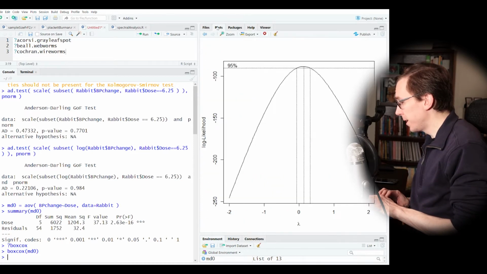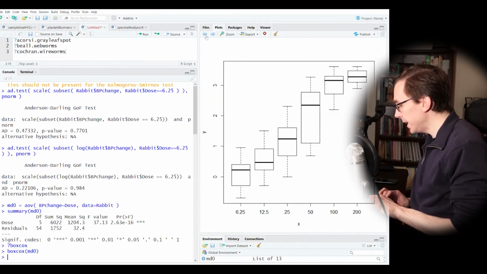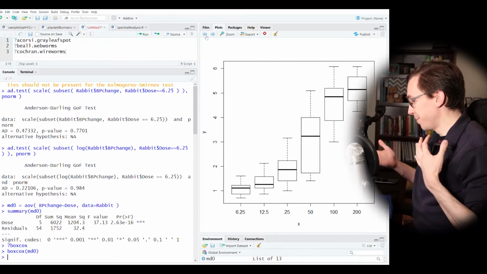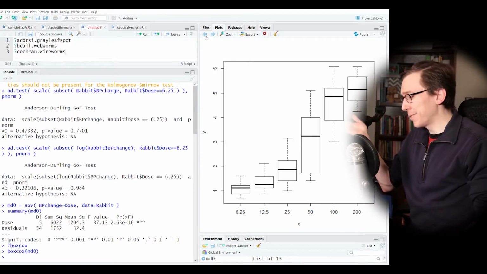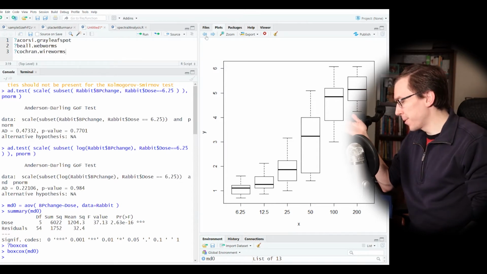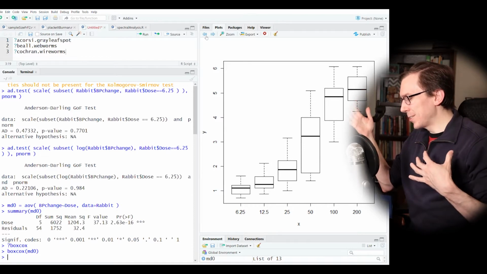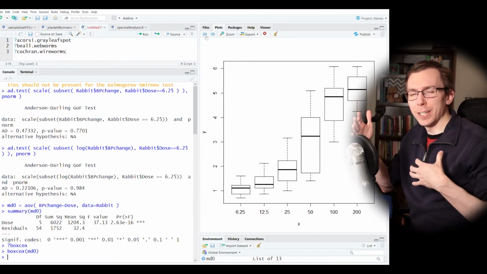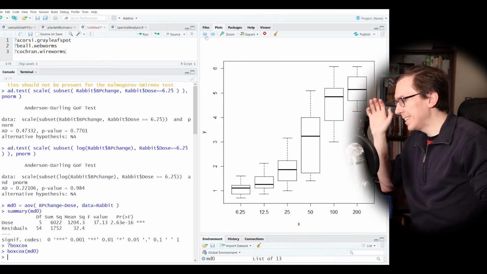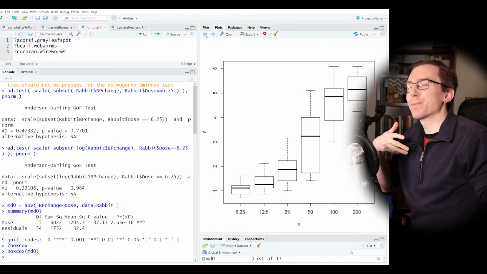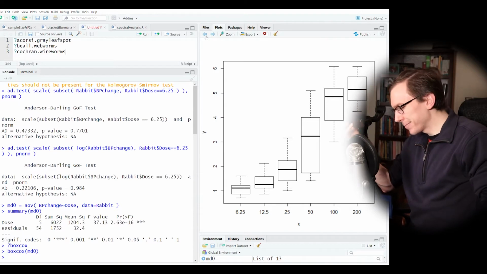If we go back to the plot, we see that the box plots are fairly symmetric, and we only have, I forget, like 10 data points per box plot. As long as you don't see anything horribly skewed and you have a continuous response variable like change in blood pressure, the normal assumption is probably safe enough.